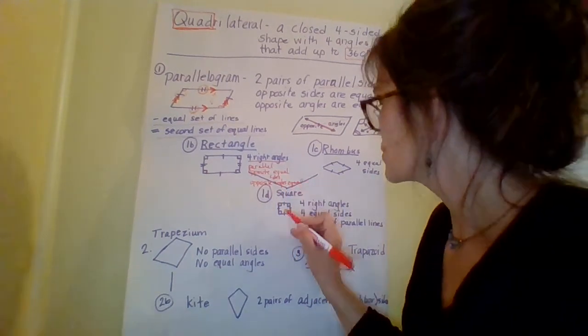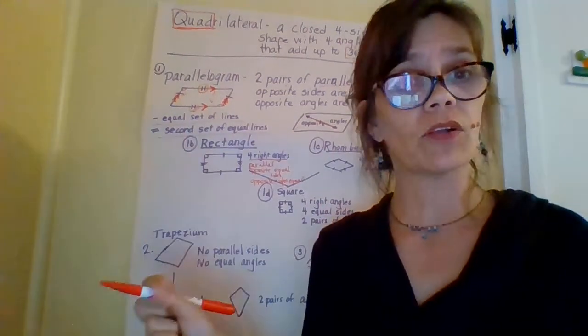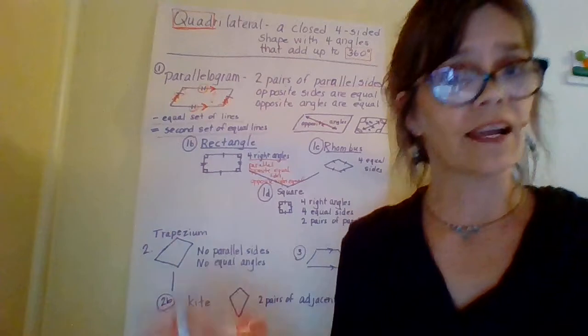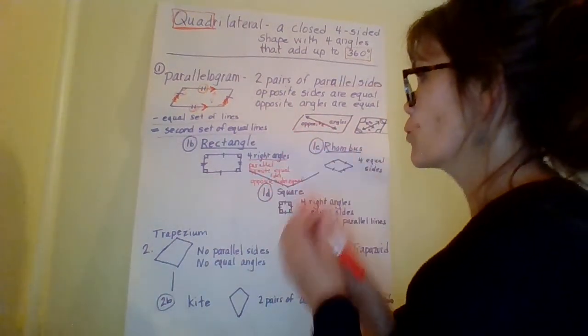Okay, so a square has all of that. So a square is still a parallelogram, and it's a kind of rectangle, but it's its own special kind of rectangle, a square.